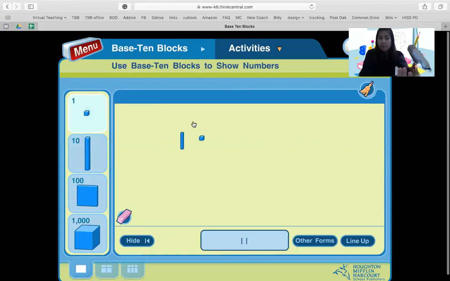1, 2, 3, 4, 5, 6, 7, 8, 9. And then what happens when I have 10 ones? So right now I have 9 ones. So let's go ahead and see what happens when I add that one more unit. It didn't do it.